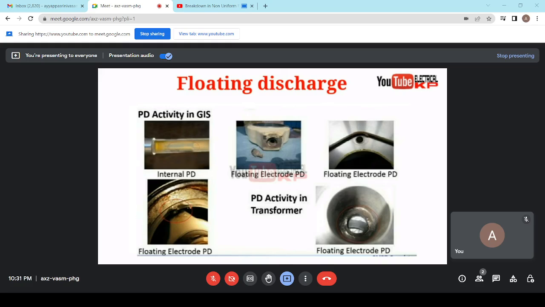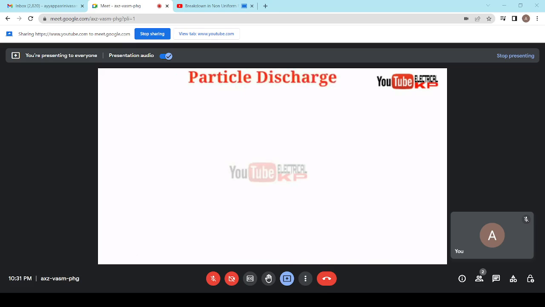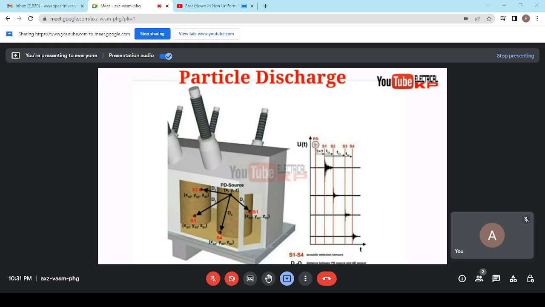Partial discharge activity in the transformer, floating electrodes, partial discharge, internal partial discharge, and after that partial discharge is given. So this partial discharge occurs in gas insulated substations, that's SF6 gas, and oil insulated transformers.